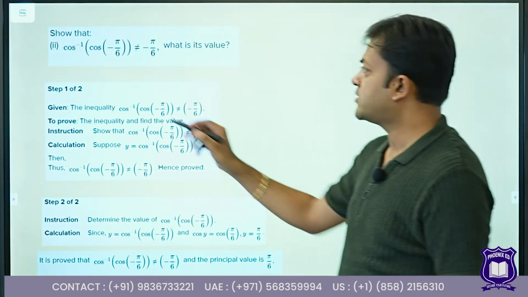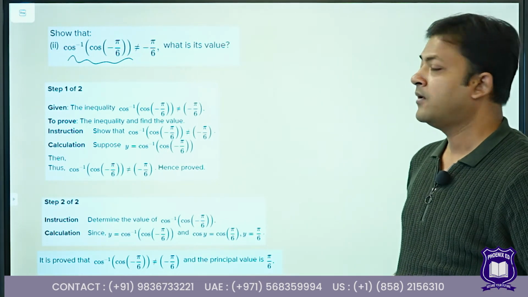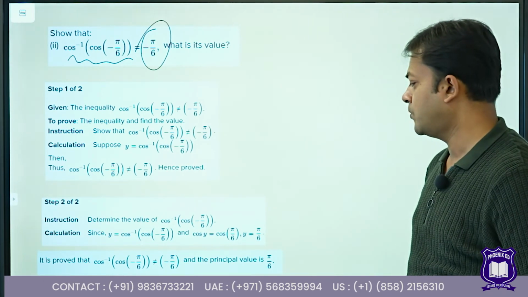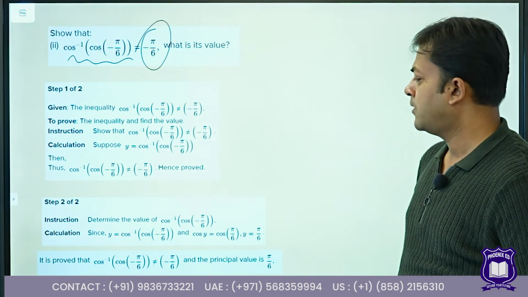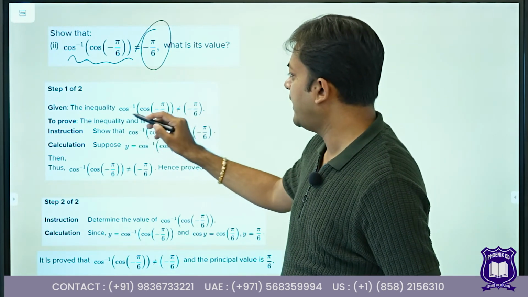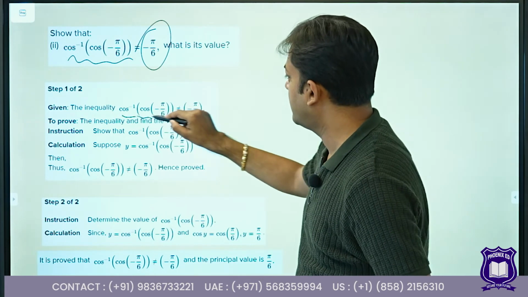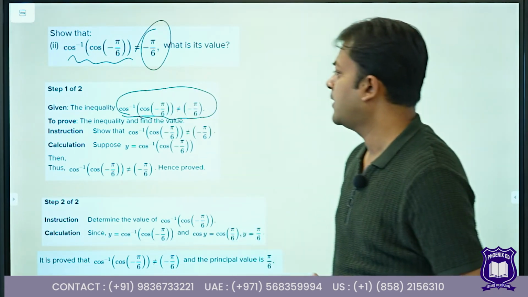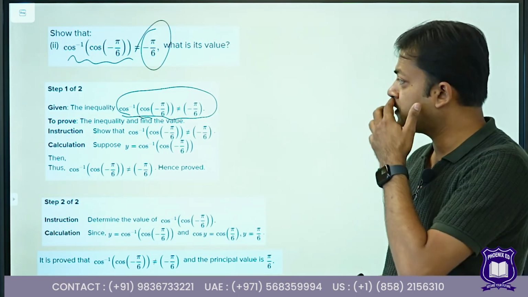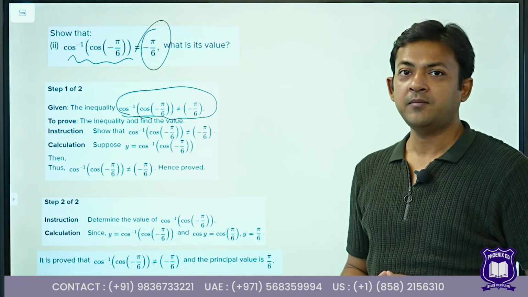Let's go on to the next question, which is cos inverse of cos of negative pi by 6. The question says, will the value be minus pi by 6, yes or no? The answer will be that it is not minus pi by 6. What would be the possible reason? We remember the principal range of cosine theta.